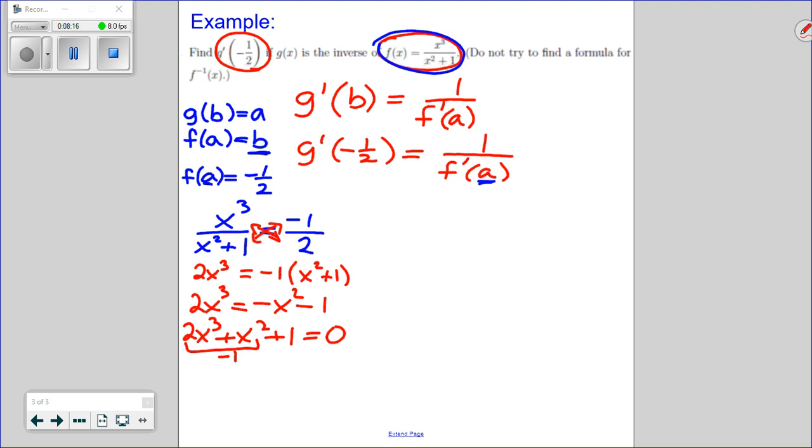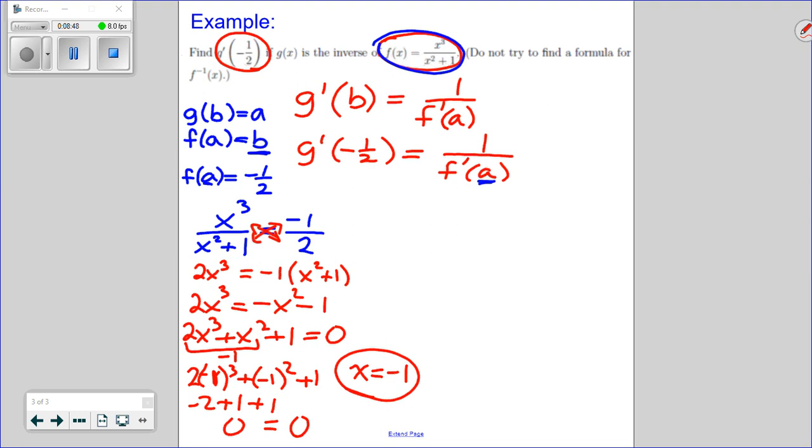Well, it looks like the answer is negative 1, because if I plug in negative 1, I'll get negative 1 cubed, which is negative 1, times 2, which is negative 2, plus negative 1 squared, which is positive 1, plus 1. Negative 2 plus 1 plus 1 equals 0. So 0 equals 0. So in this case, x would have to equal negative 1.